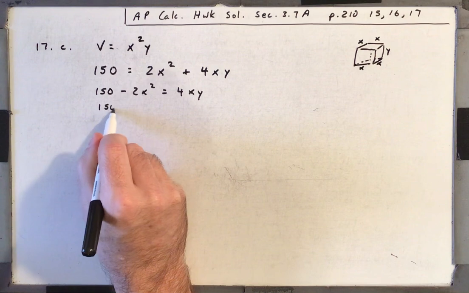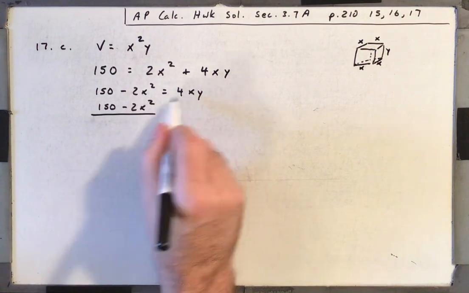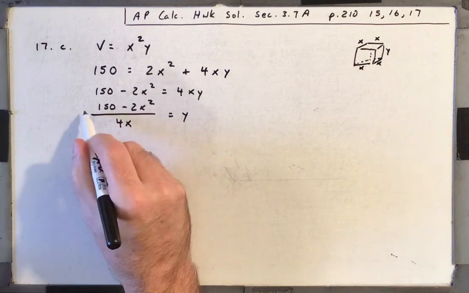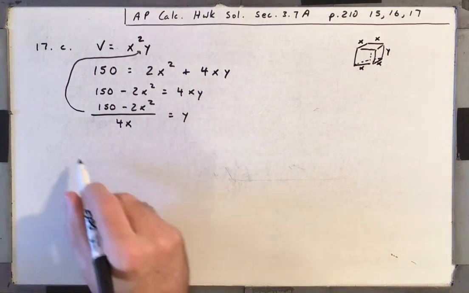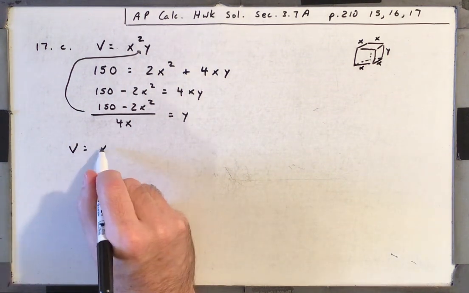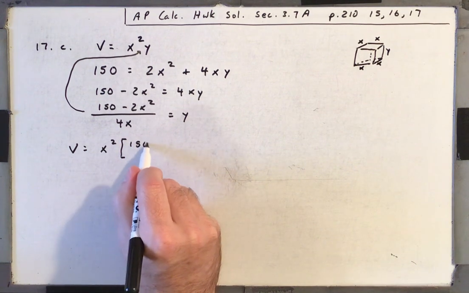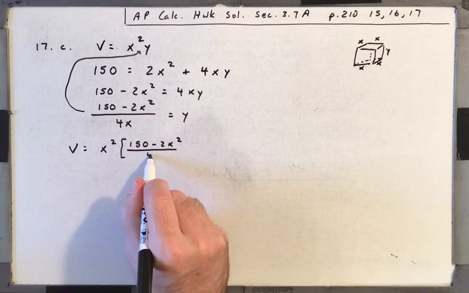So 150 minus 2x squared, divide both sides by 4x, is equal to y. And then I'm going to plug that in right here. So volume then is x squared times 150 minus 2x squared over 4x.